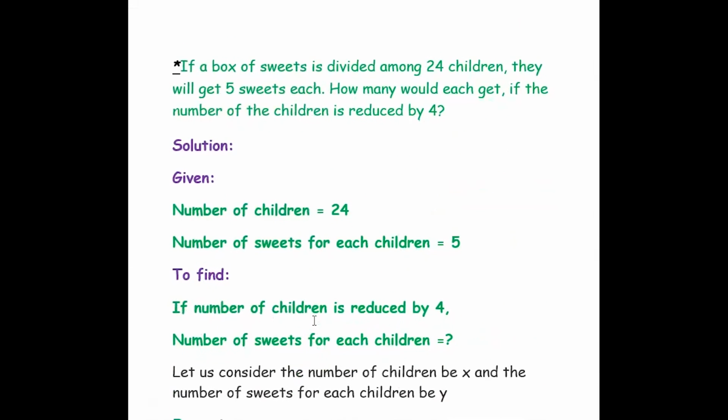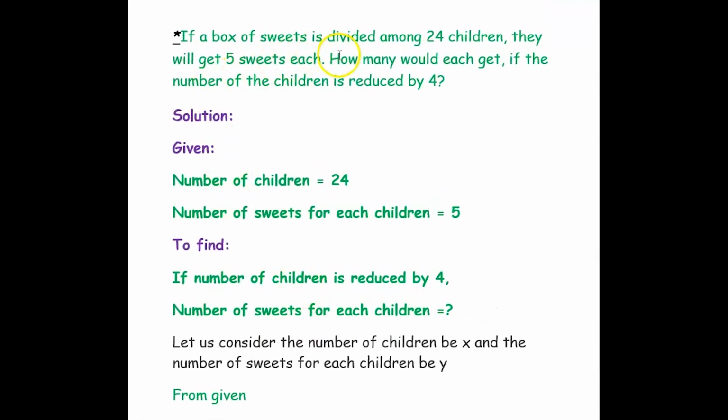Now let us see one more example. If a box of sweets is divided among 24 children, they will get 5 sweets each. How many would each get if the number of children is reduced by 4? So what's given? The number of children is 24, and the number of sweets for each child is 5.